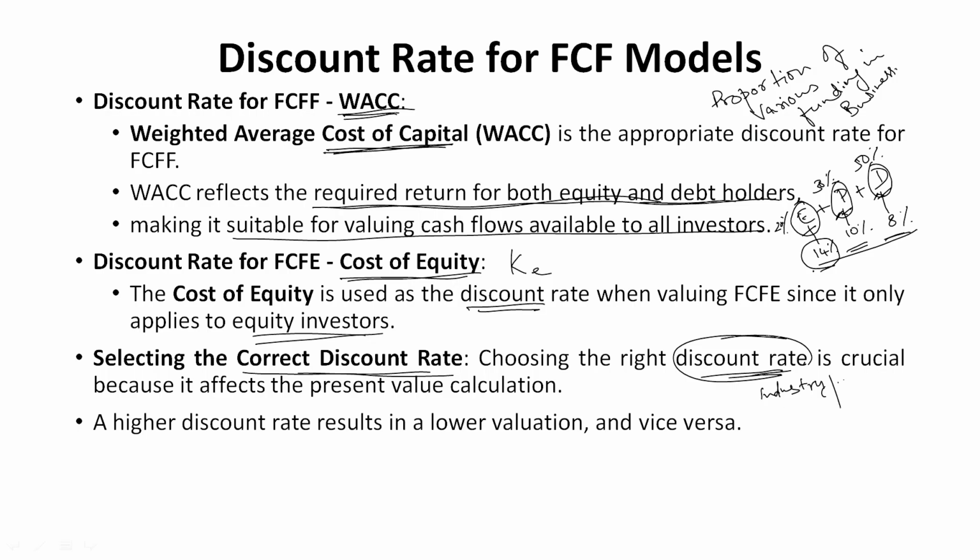Sometimes you can also factor in the interest rate prevailing in the market, and in certain cases the bank rate could be considered. So any of these things. You can have a base as this, and then you can determine what should be the discount rate.